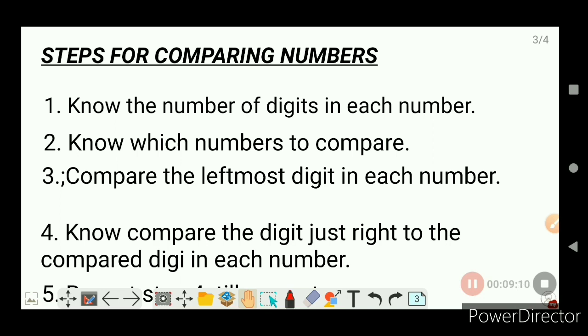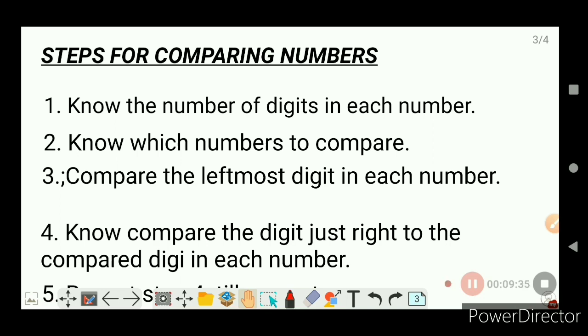These are steps for comparing numbers. The first step is to know the number of digits in each number. Suppose we have 3 numbers to be compared, and each number has different digits in it. Say the first number has 2 digits, the second number has 3 digits, and the third number has 4 digits.